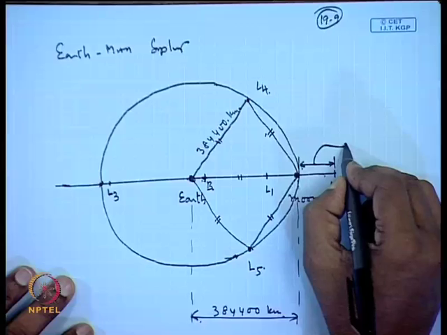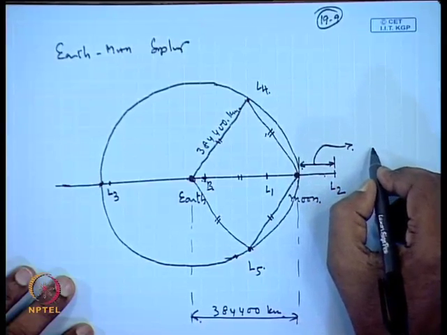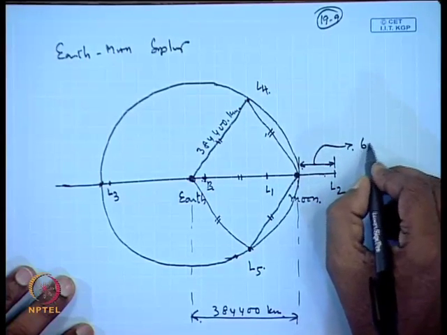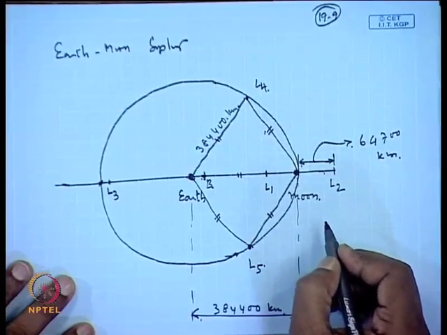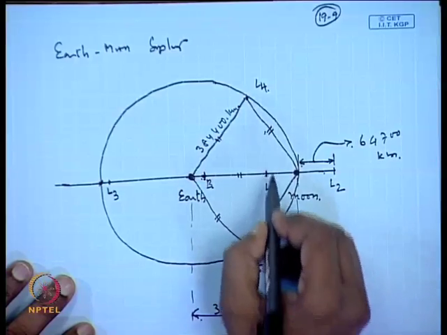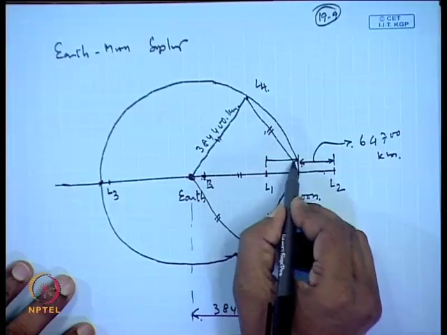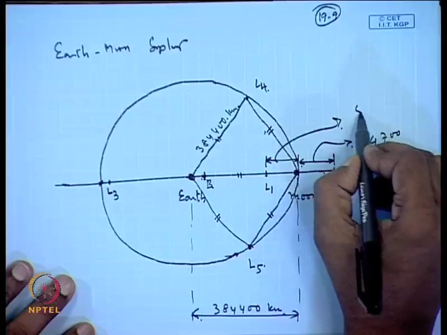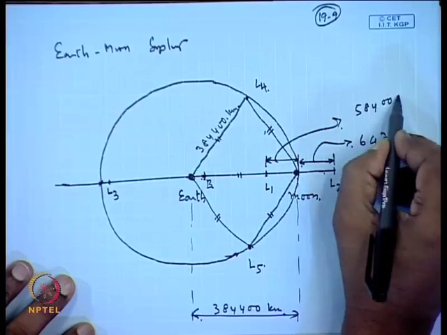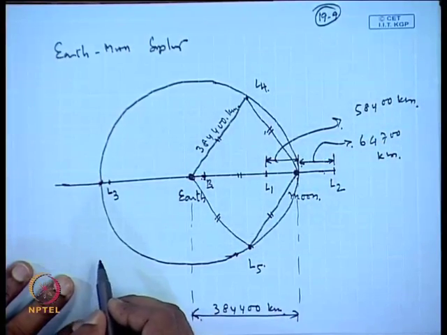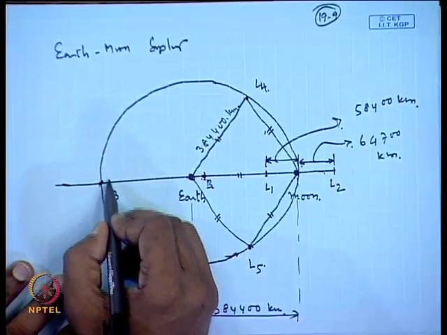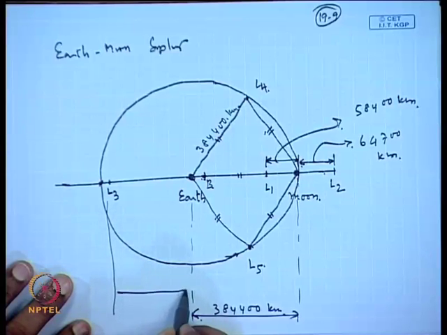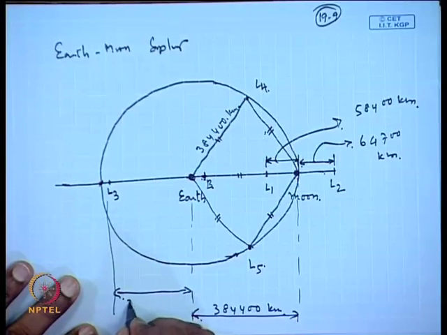This point will lie at a distance of 64700 kilometer, and for the point L1, the distance from here to here is 58400 kilometer. The distance to the L3 point from the earth is 381,600 kilometer.